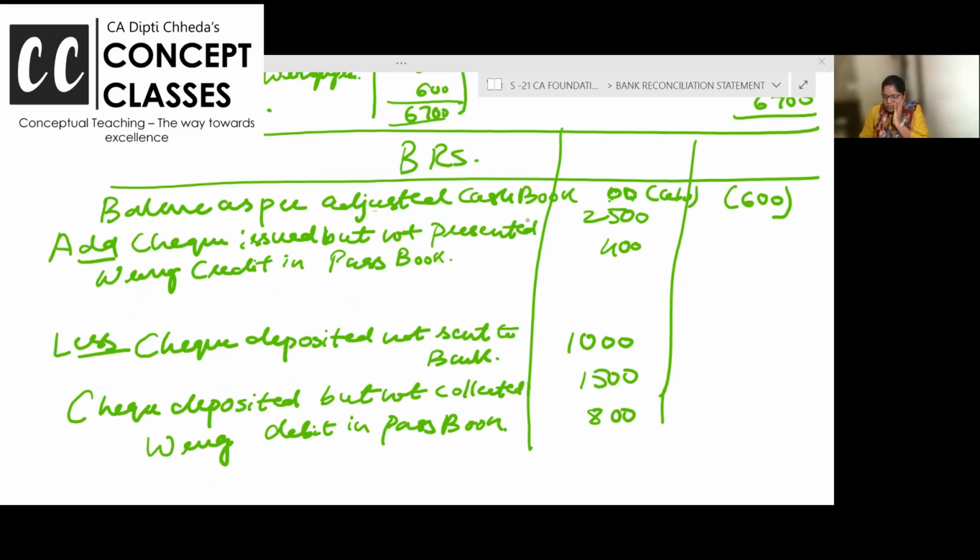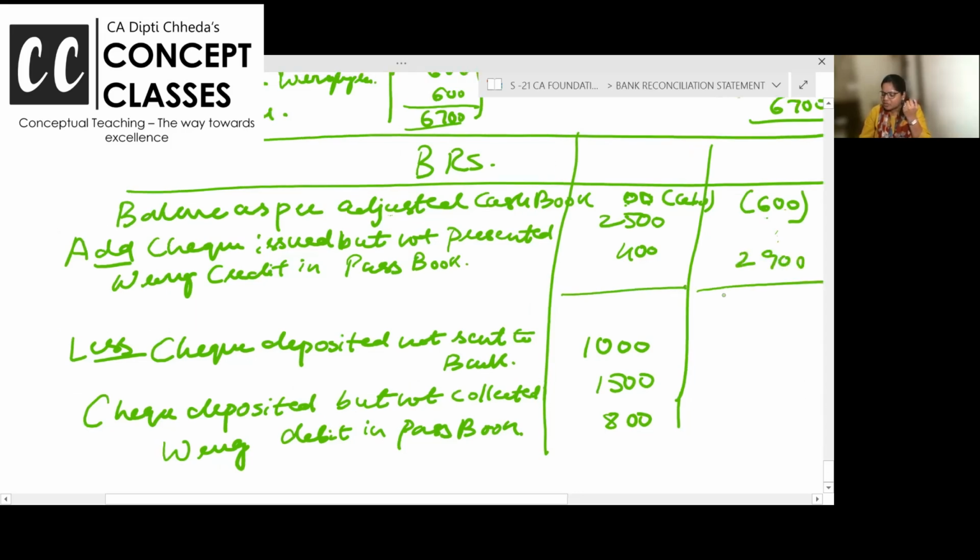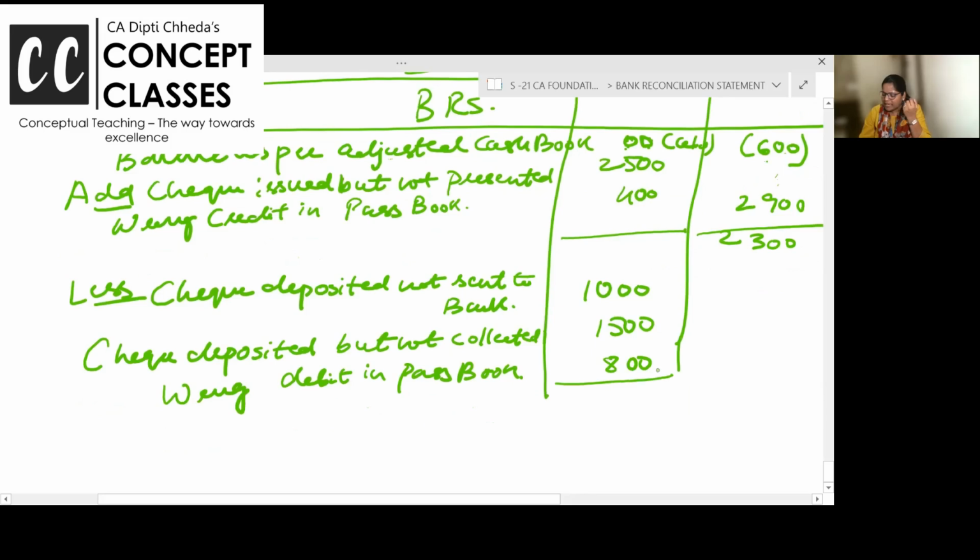So you assumed it's a debit balance. Instead of that, if it came to credit balance, just write it in negative. So this will be minus and minus. If all of this is minus, then automatically it will add; plus minus minus will become plus. I hope you all are getting the maths. 2900 will become minus, so 2300, and minus minus will add.